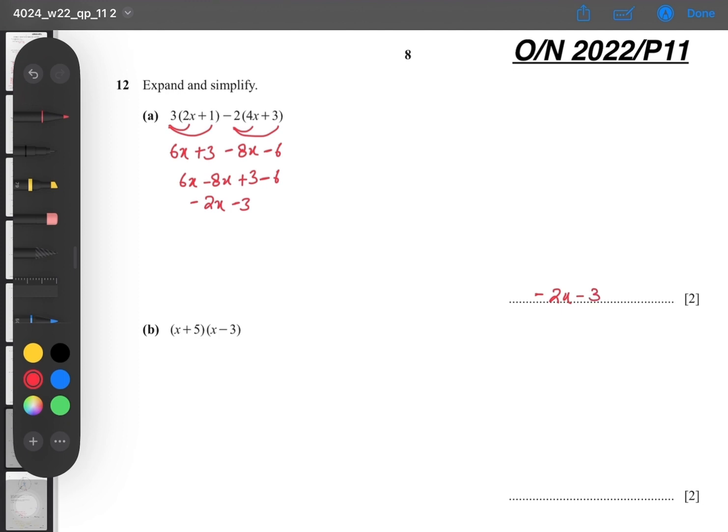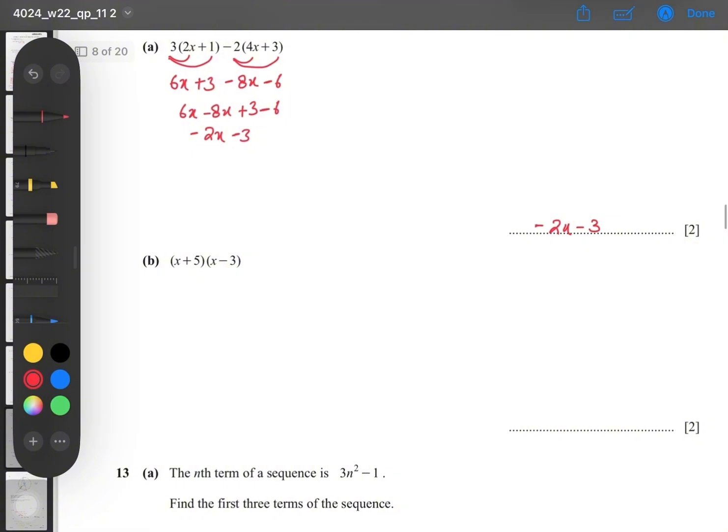Part B, x plus 5 into x minus 3. So I will take x into x minus 3 plus 5 into x minus 3. So I will expand. So it will be x into x, this is x squared, and x into minus 3, so it will be minus 3x.